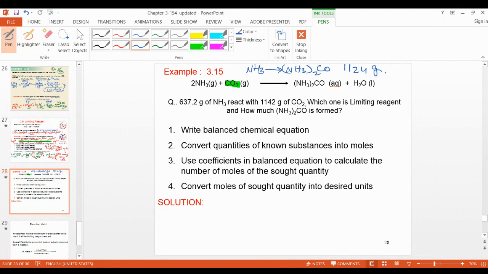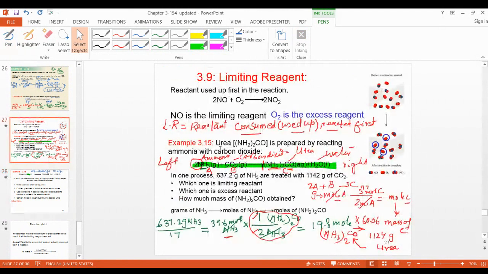Look at here in the question, how much carbon dioxide? In one process, this one are treated with this carbon dioxide. Which one is limiting? How much urea?